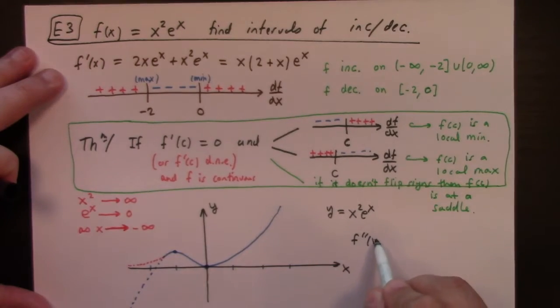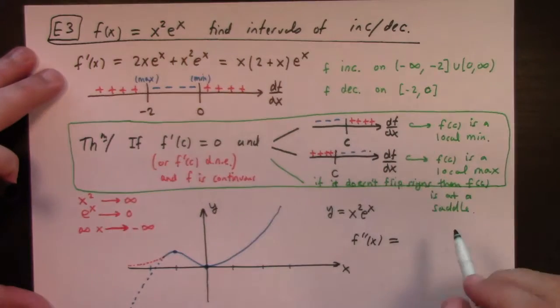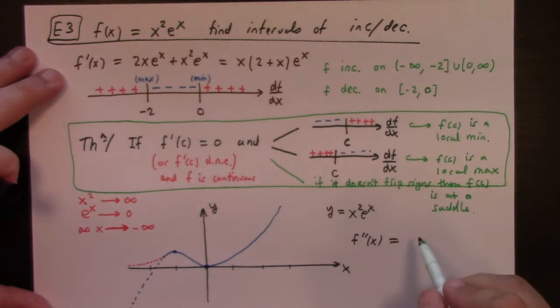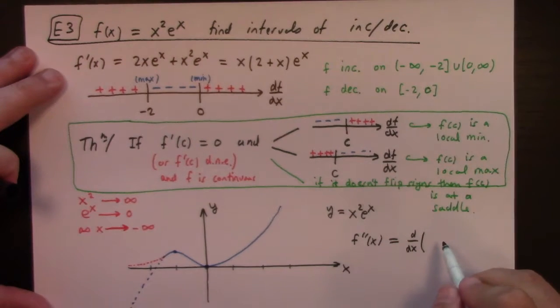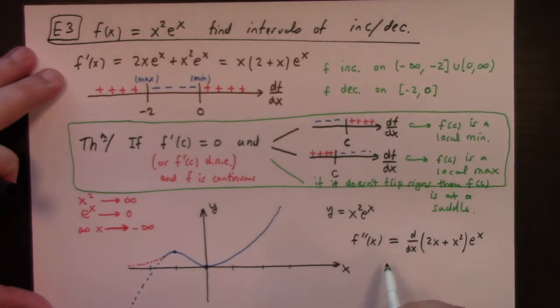f prime prime of x is what? Well, f prime prime of x is going to be the derivative with respect to x of, multiplying that back out, 2x plus x squared, e to the x.